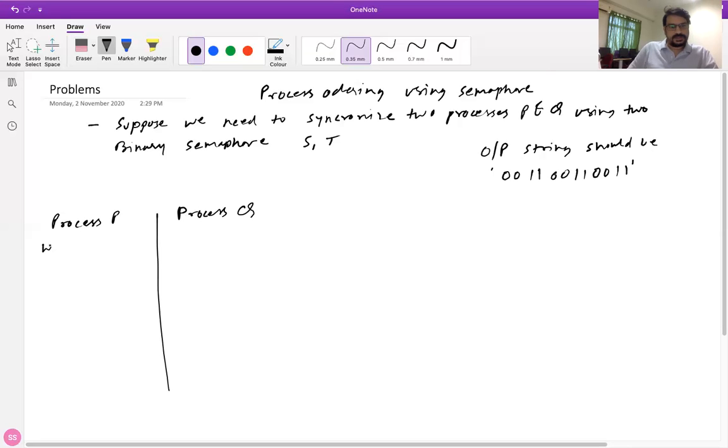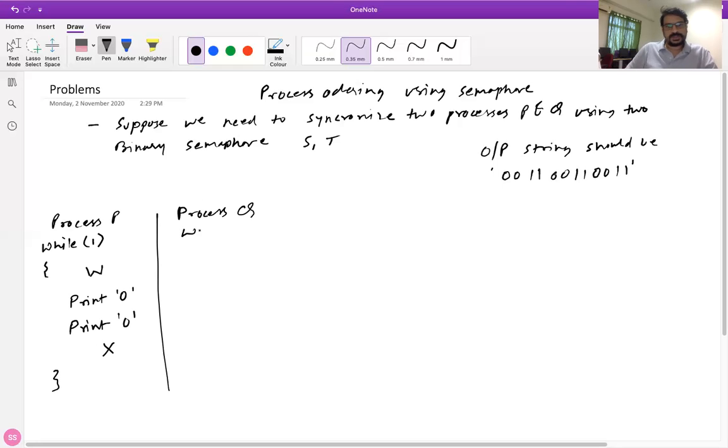Now process P will go in a while loop and it will do a task W and it will print 0, and again it will print 0, and it will do some task X.